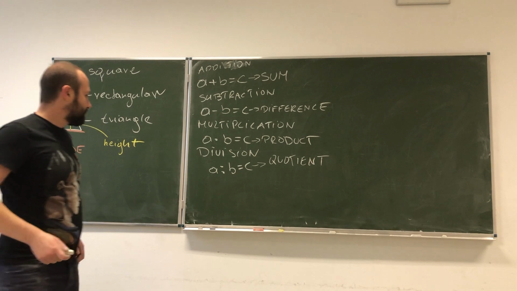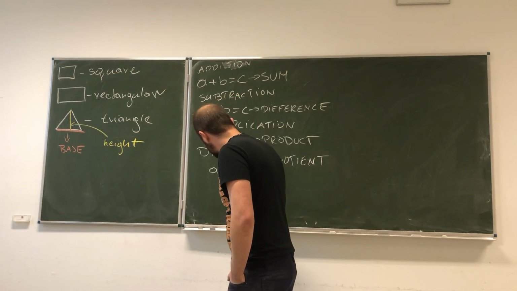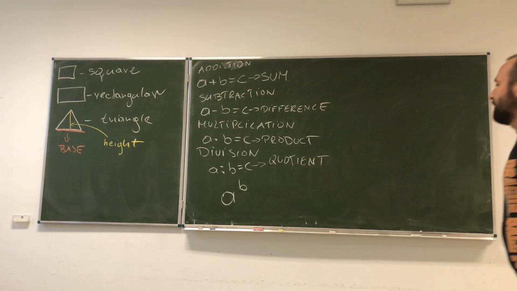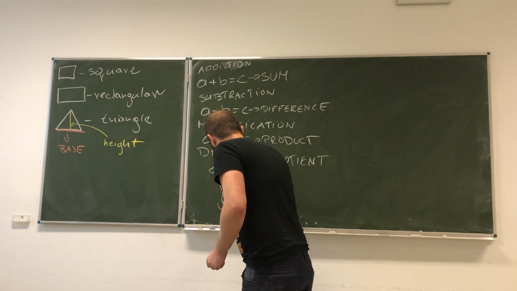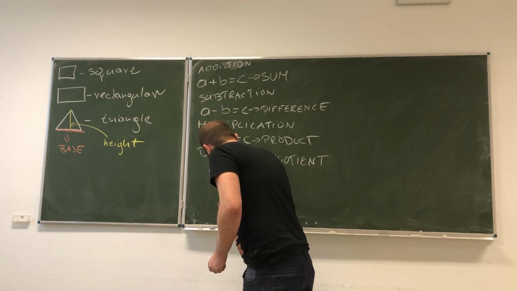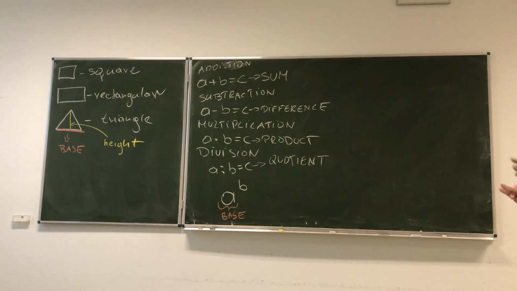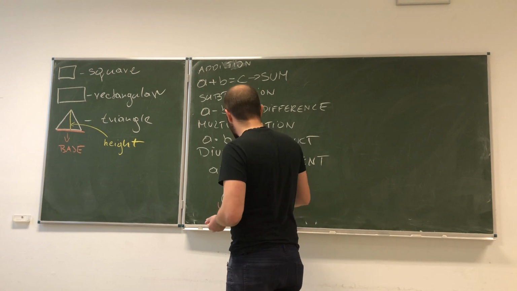Now, sometimes we need to deal with exponential expressions, when we have A to the power of B, where A is called the base, and B is called the exponent.